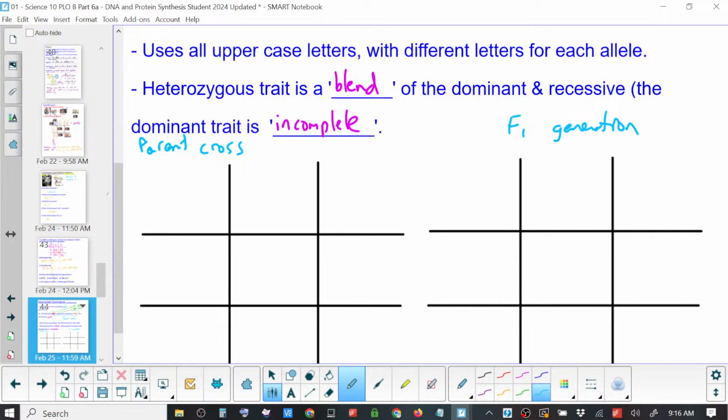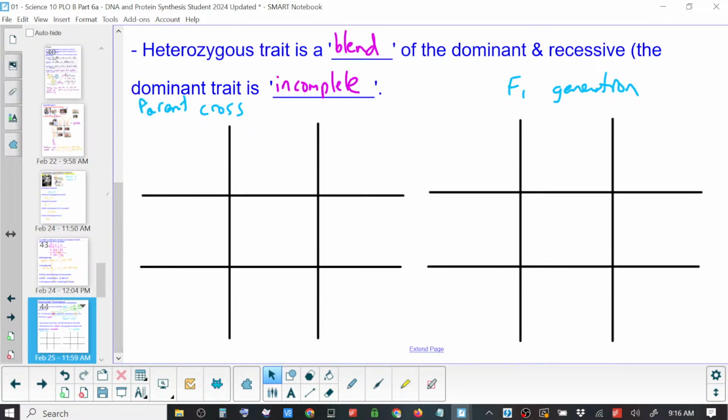Maybe you could draw it in light black and then the rest of it's white. Where did I put it?